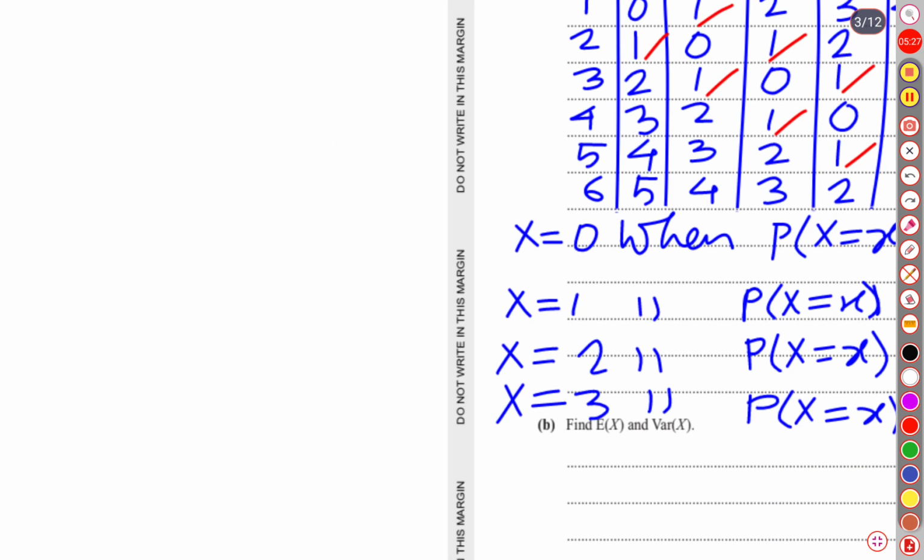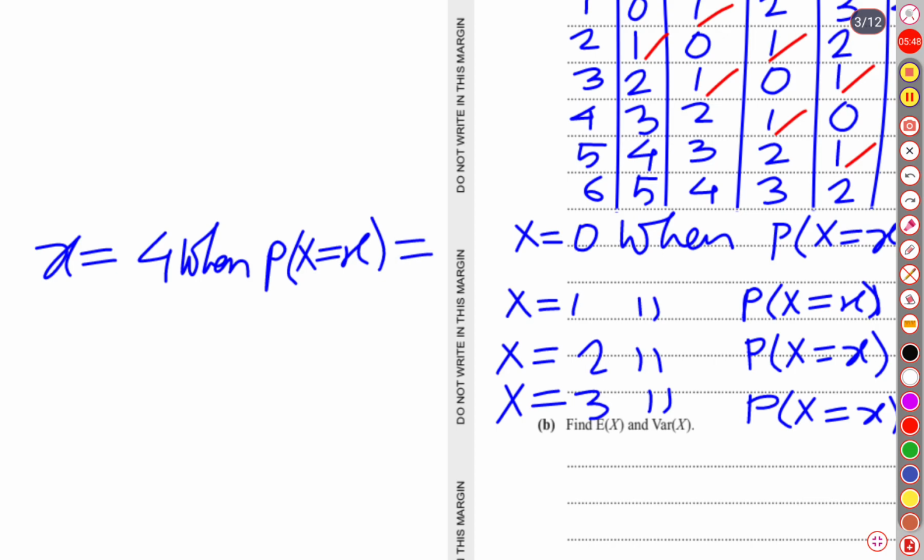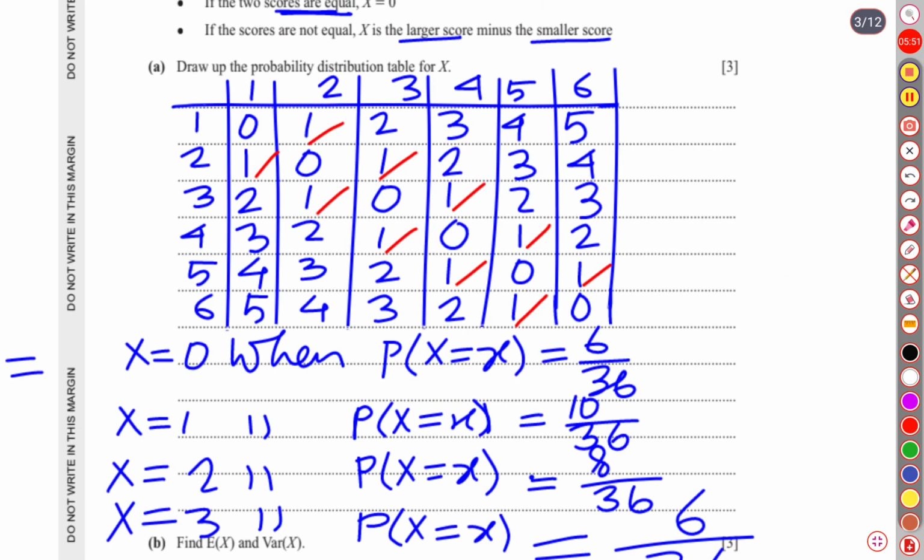As I do not have space over here, I can write on the left side. When x is equal to 4, let's see how many 4s are there. 1, 2, 3, 4. Total 4 fours.